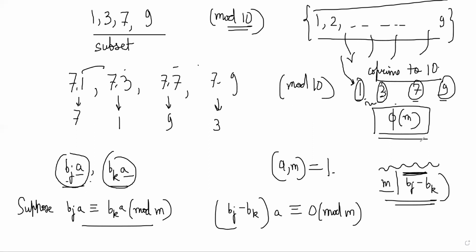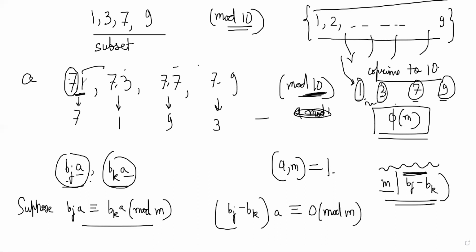Just now I was wondering, if we multiply 7 and 1, we might get 2 or 5, outside the subset, but that's not possible, right? Because when you multiply by A, we already had A and 10 co-prime.